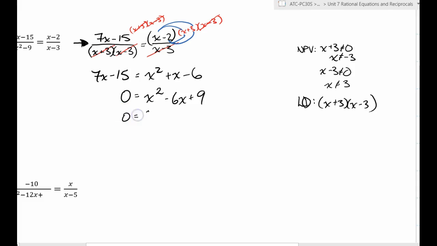And so when we factor that, we get x minus 3 squared. And so x equals positive 3. But x cannot be 3, which means we've got what we call an extraneous root.